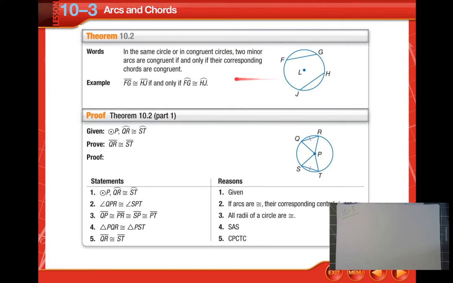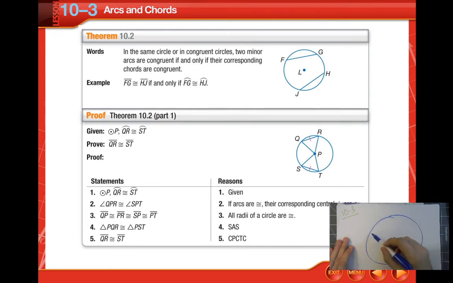So in the same circle, or in congruent circles, two minor arcs are congruent if and only if their corresponding chords are congruent. So let me copy this down here.